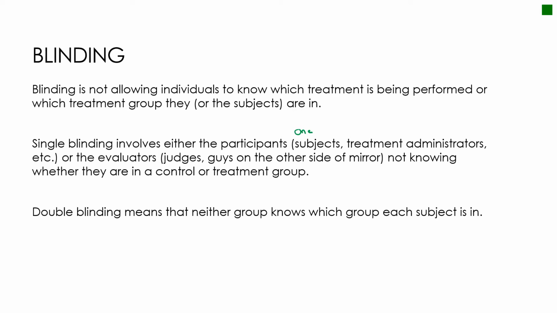So maybe you don't know that you're in the treatment group or the control group. If it's double blind, that means the people who are recording the data also don't know. It could be that the information was randomly assigned and it's on a computer somewhere and nobody gets to see it until the experiment is over. Or it could be that there is an administrator, not involved in any of the collection of data, who knows who's in which group.